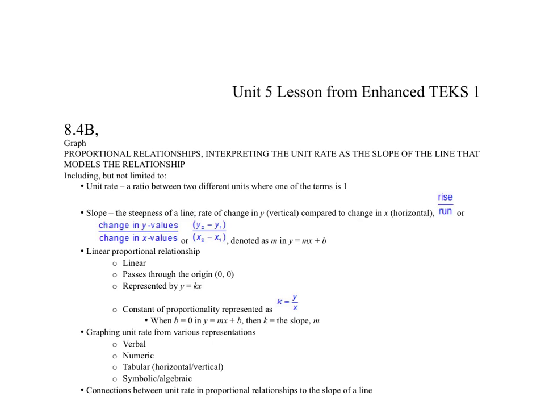Well, 8.4b tells us that we need to look at unit rate as being a ratio between two different units, where one of the terms is 1.